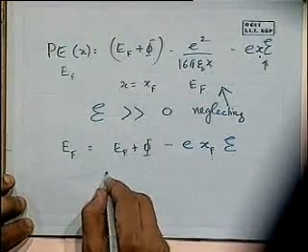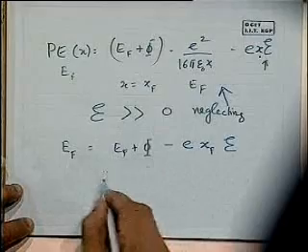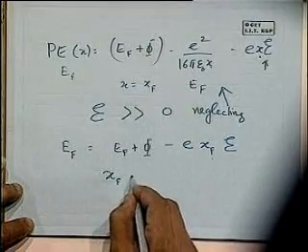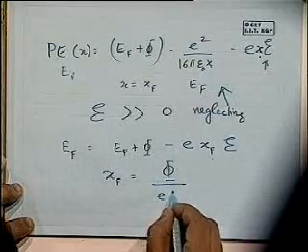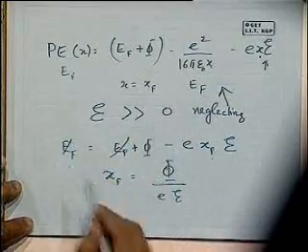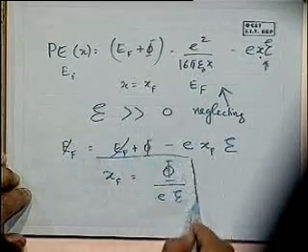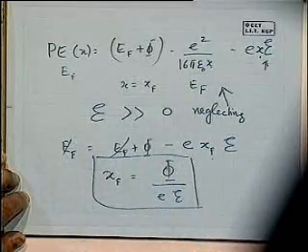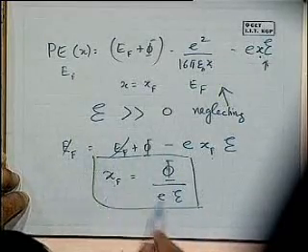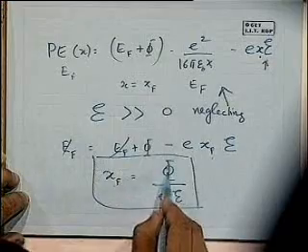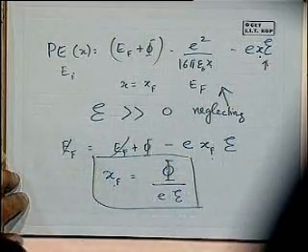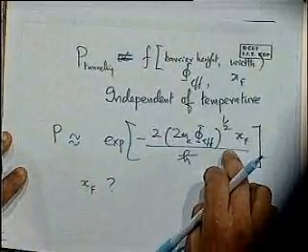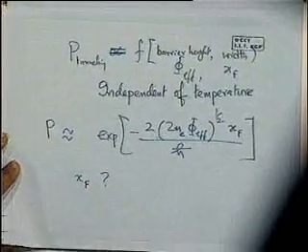And so you can solve this for xf, and we can write that xf is equal to phi by E epsilon. These cancel out. So I've got a relationship for xf in terms of the field as well as in terms of phi, which I can now go back and substitute into this equation.